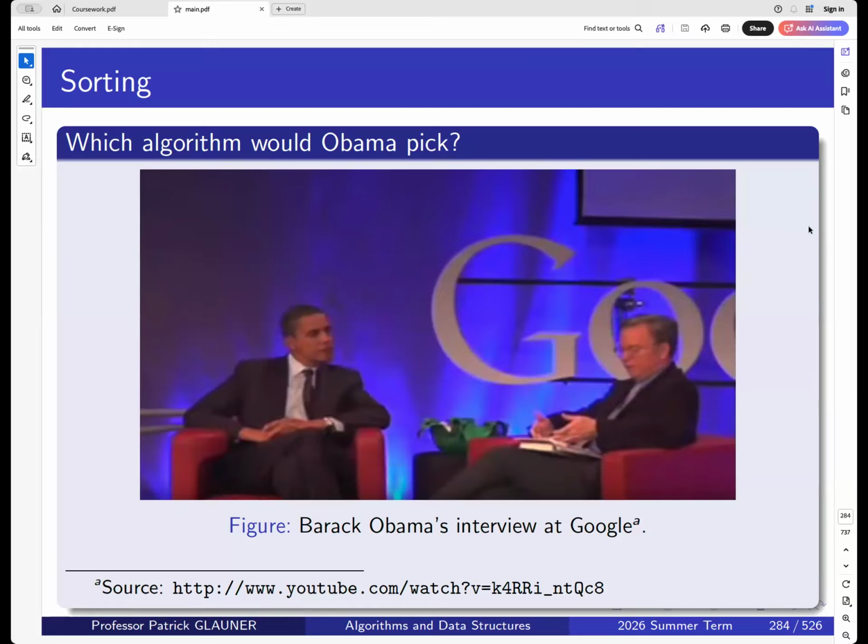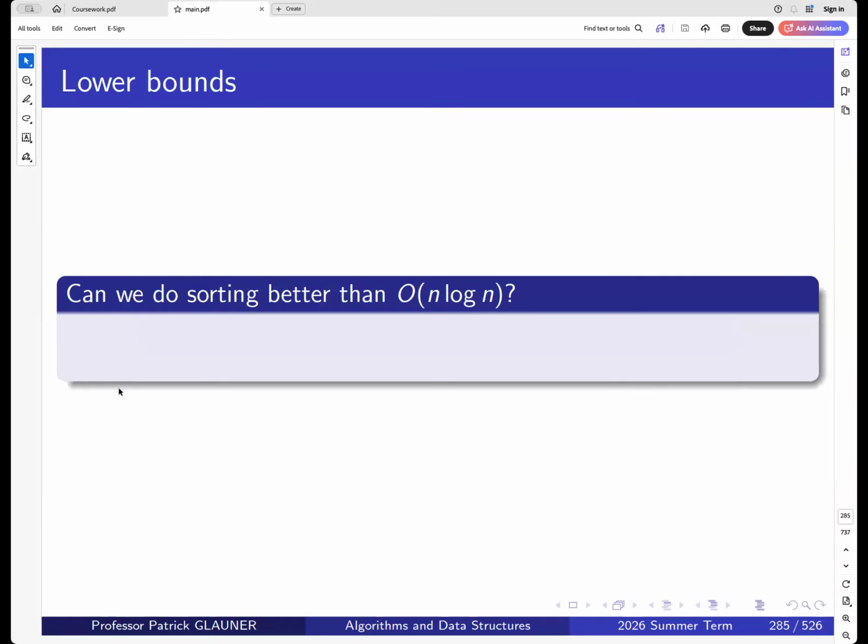He was chairman of Google at that time, and they interviewed Obama about different political stuff, but they also interviewed him about computer science. And Eric Schmidt asked Obama what he thinks would be the most efficient sorting algorithm. And I guess obviously Obama was sort of prepared, but you can watch the video and see what his response was at the time he was running for president.